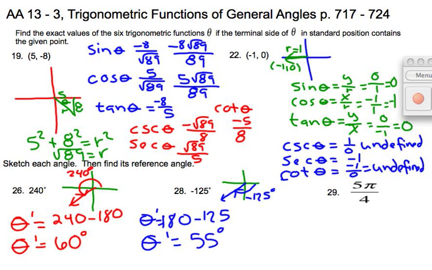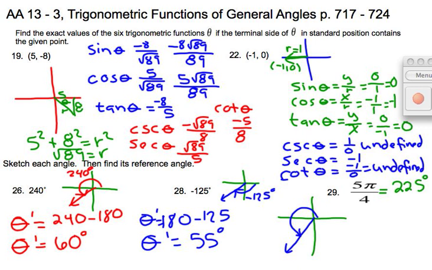And the last one, that 5 pi over 4, if I do the conversion, that's the same as 225 degrees. Use that 225 degrees to help you out as to where you're going to go. Starting off, we're going to go in a counterclockwise rotation because we're going positive. When I go into the counterclockwise rotation, I end up in the third quadrant here.